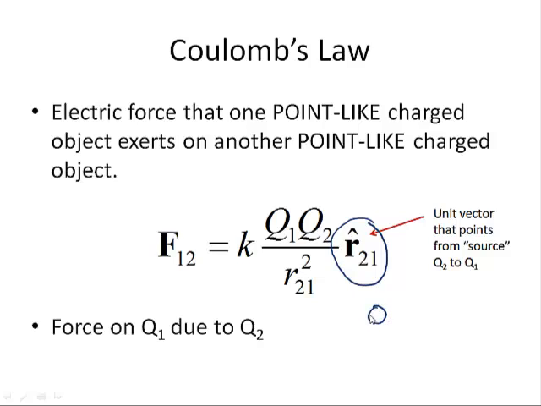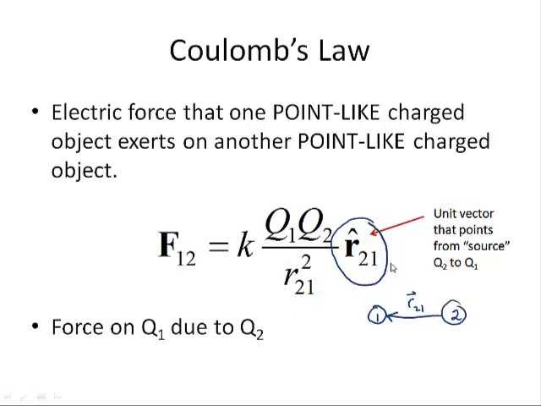So if we have charge 1 here and charge 2 here, R21 is a vector that goes from 2 to 1. So this is R21. It has magnitude and direction. The magnitude is just that distance, so that's what shows up in the denominator here.